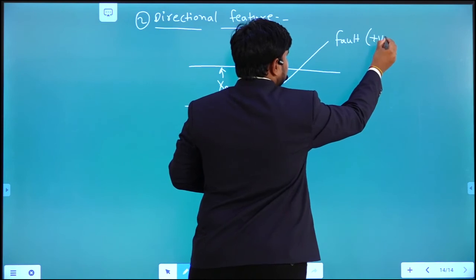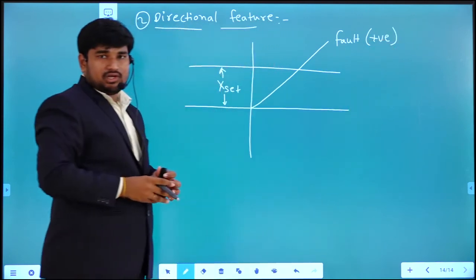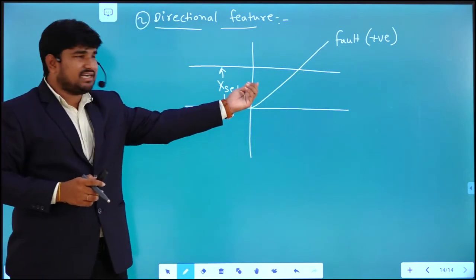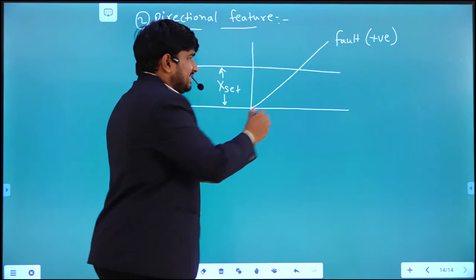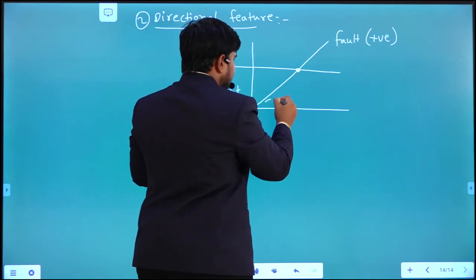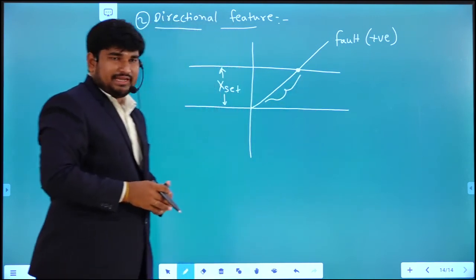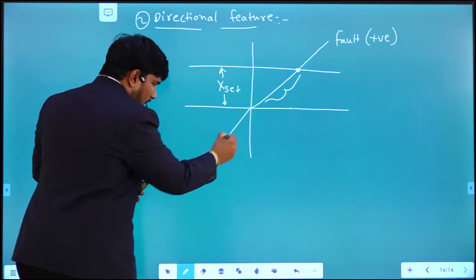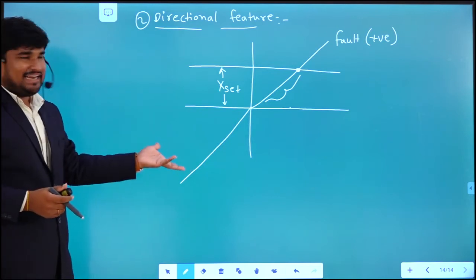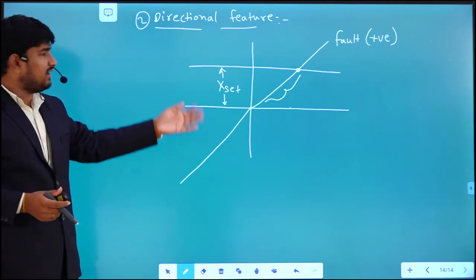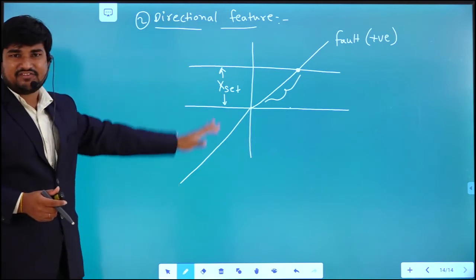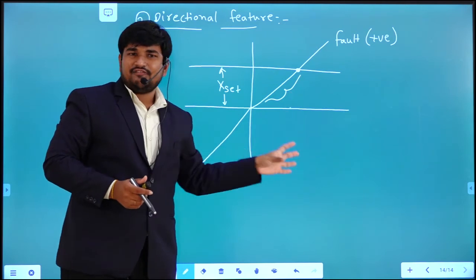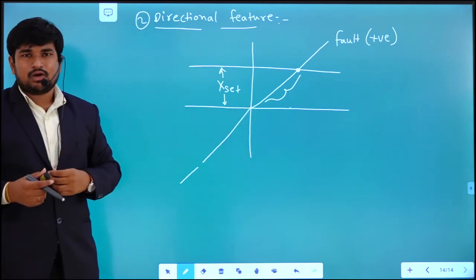This is the positive direction. Up to this point only it will provide tripping, and we call this the reach in the positive direction. But in negative directions, for all operating points it will provide a trip signal, because it is less than the X set value, right? That's why this reactance relay does not have any directional property.